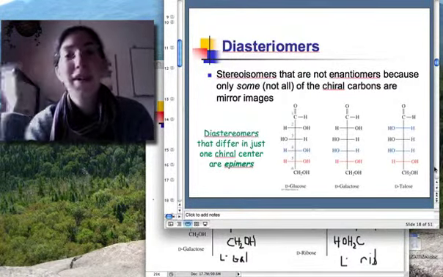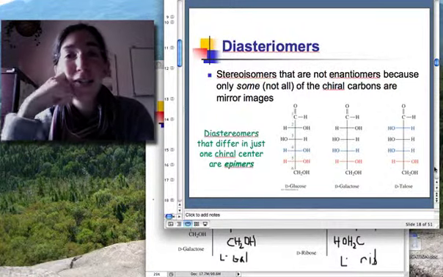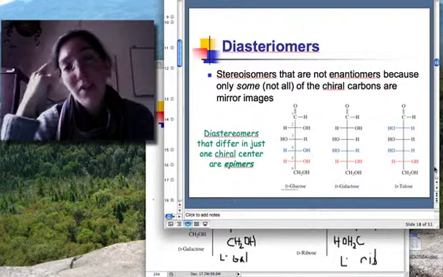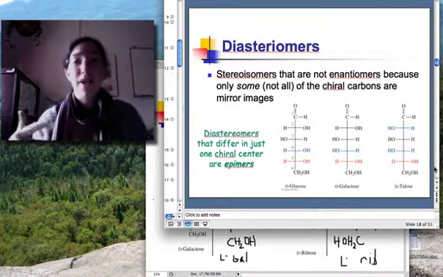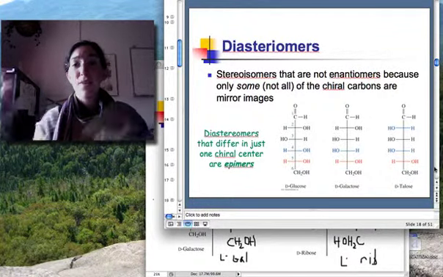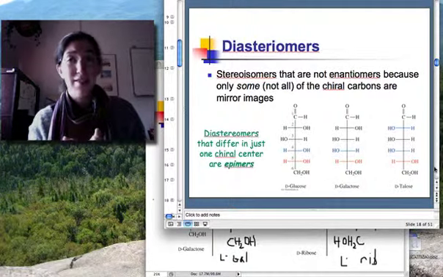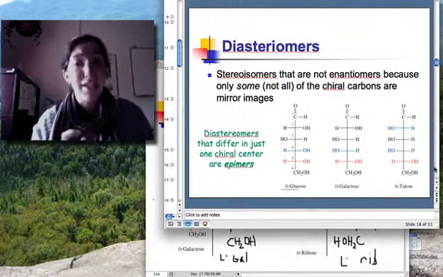Okay, so to make things a little more complicated and add a little more vocabulary, in Chapter 4 we talked about isomers. We talked about structural isomers and conformational isomers. Those are isomers of connectivity, where there are differences in the connectivity. And then we talked about the stereoisomers, which included cis and trans isomers, and also the enantiomers.